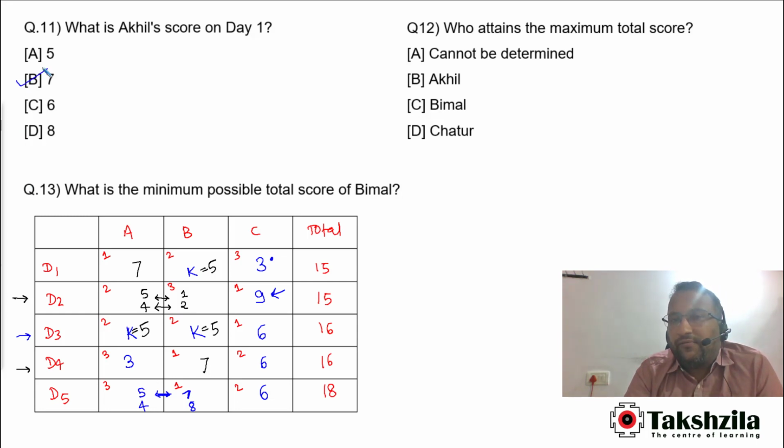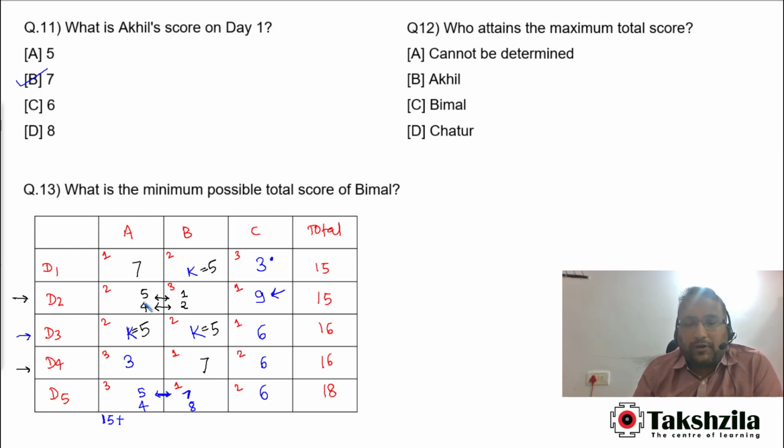Question number 12, who attains the maximum total score? The total score of A is going to be how much? 7 plus 5 plus 3, that is equal to 15. These are fixed. Now let's talk about day 2 and day 5. So this is going to be 15 plus how much?